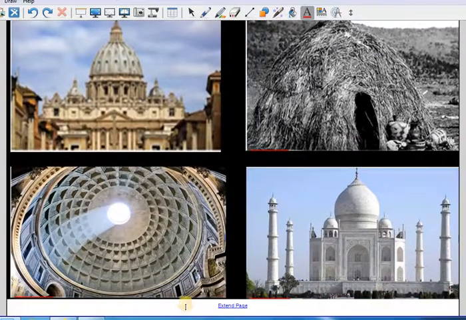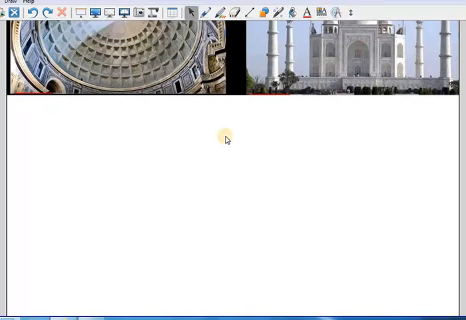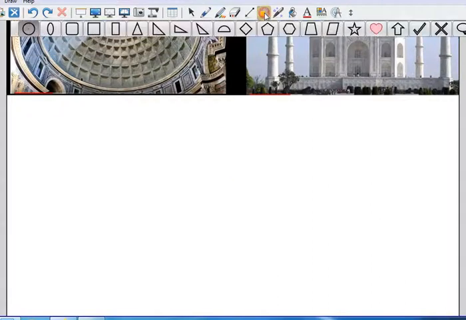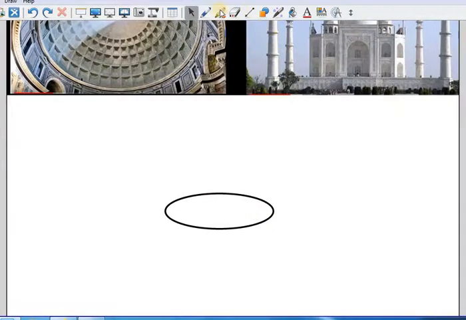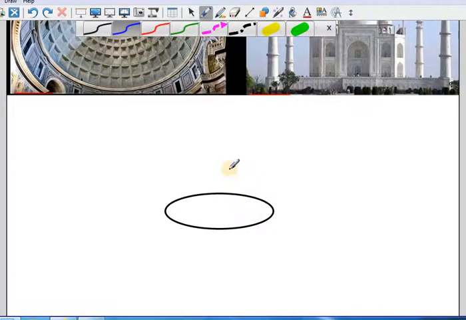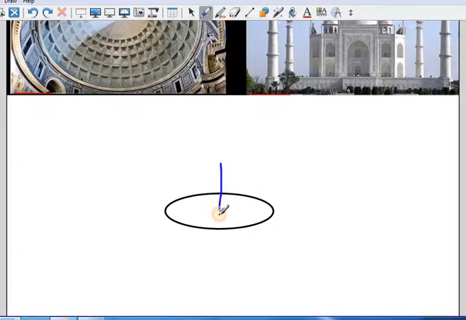In general, if you ask what a dome is, a dome is a structural element. For example, let us say this is a bottom portion, and we have an arch like this, with the center here.